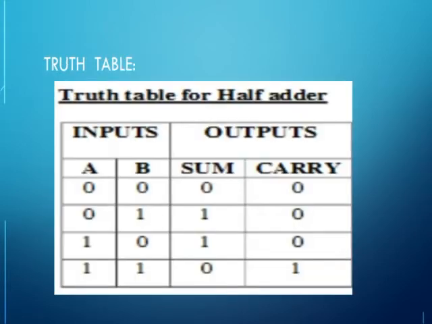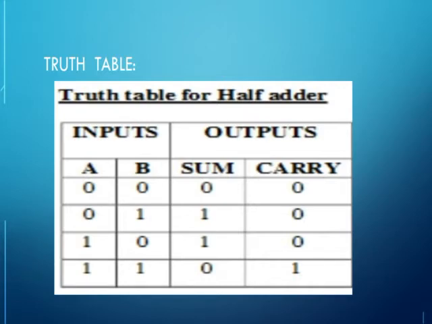Coming to the truth table, the half adder truth table is as follows. When you give both inputs low, the sum is 0 and carry is also 0. When you give any one single input as high, we obtain sum as high.